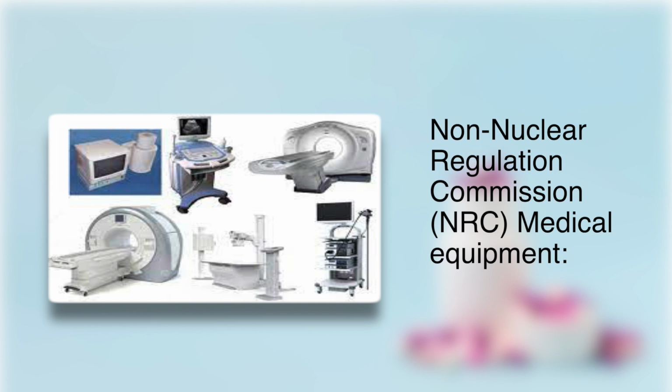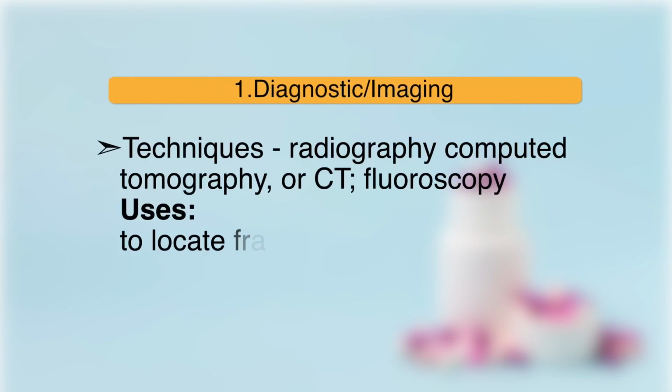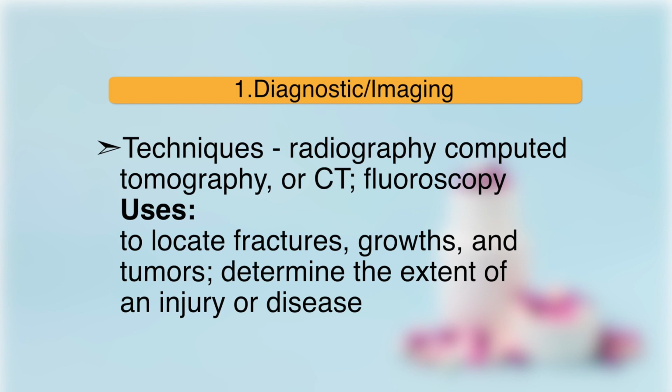These do not involve the use of radioactive material directly, that is, they involve radiation that does not come from NRC regulated radiation sources, like diagnostic or imaging techniques, examples being radiography, computed tomography (CT), as well as fluoroscopy.